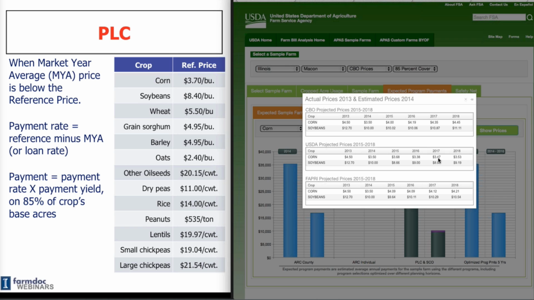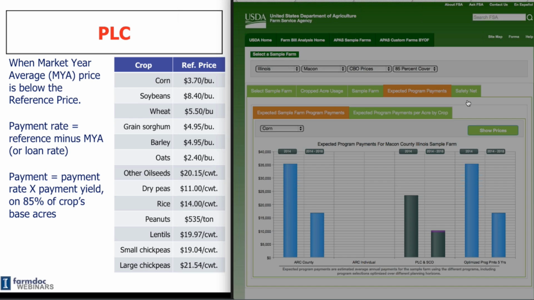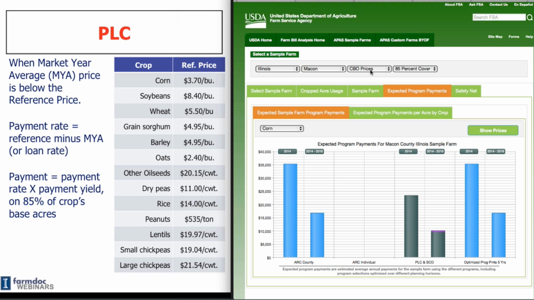USDA is lowest, 347, and FAPRI is in the middle, 412. And again, these are all just different nationally recognized price level forecasts for commodities. They came out at different times during the year, which is one of the reasons why they don't completely agree.